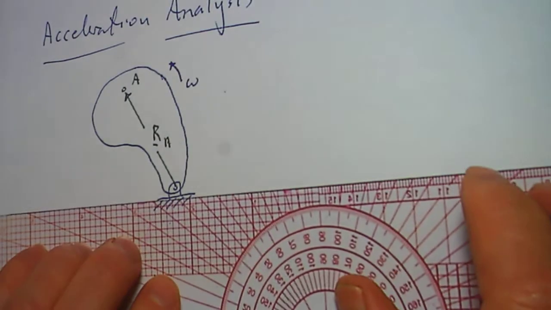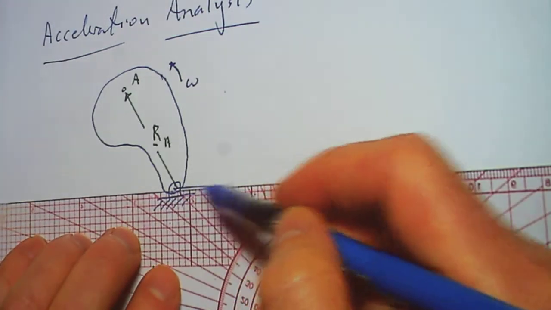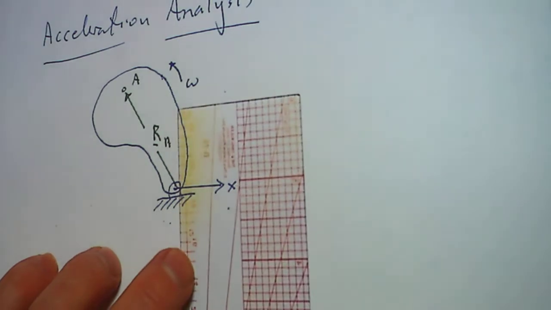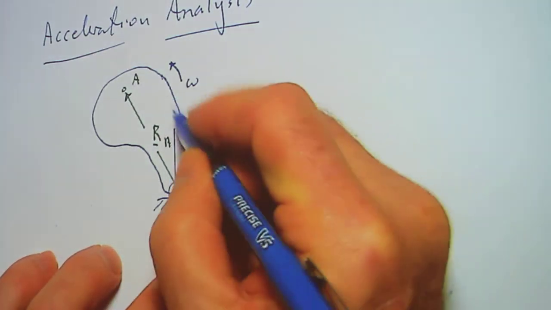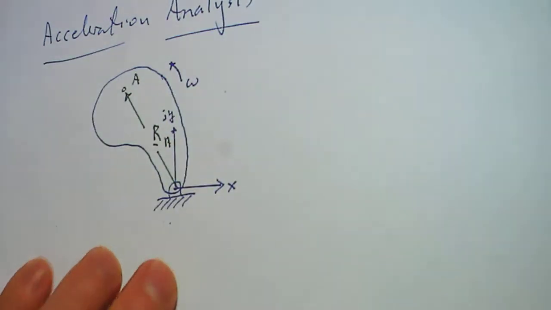And if I draw my coordinate system here, X going off to the right, and therefore Y, which is the imaginary axis, would be going like that.